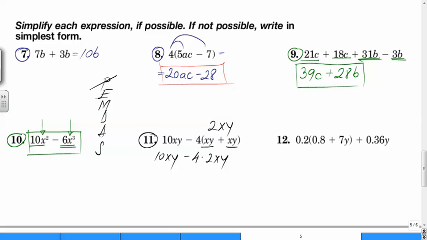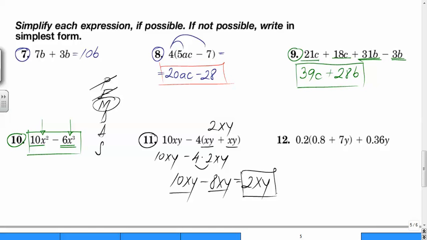No more parentheses, no more exponents, multiplication. Do that first. Your expression is now 10xy minus 4 times 2 is 8xy. Well, xy, xy, they are like terms. 10 minus 8 will be 2. 2 what? 2xy. And this is the answer to this problem.